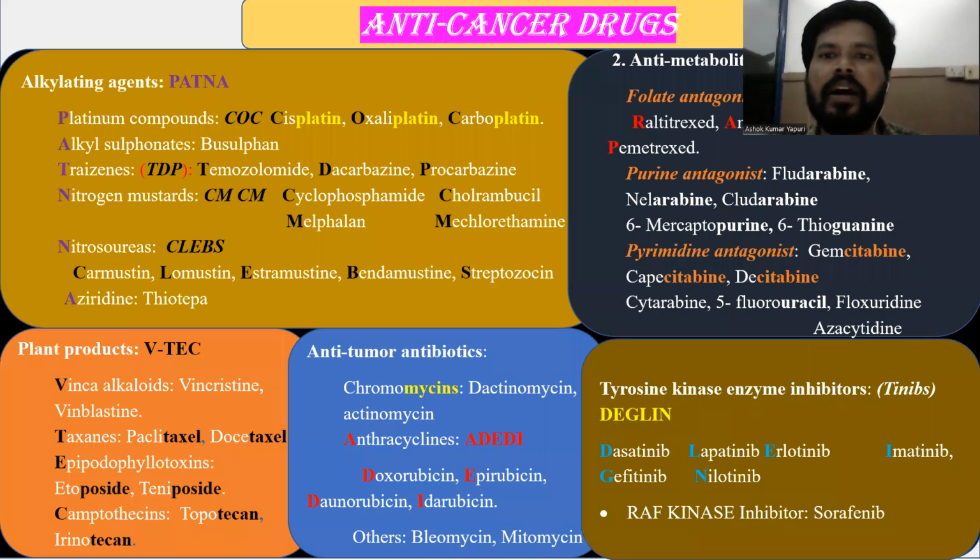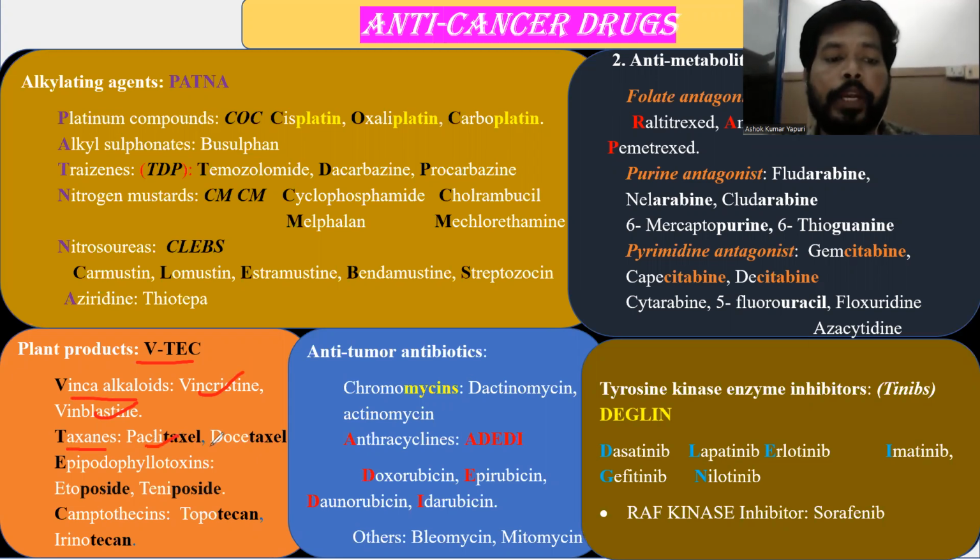The next category is plant products. In the treatment of cancer, there are plant products, and the mnemonic is VTEC. V means vinca alkaloids like vincristine, vinblastine. Vinca alkaloids affect the metaphase in cancer cell division. Taxanes also affect the metaphase in cancer cells.